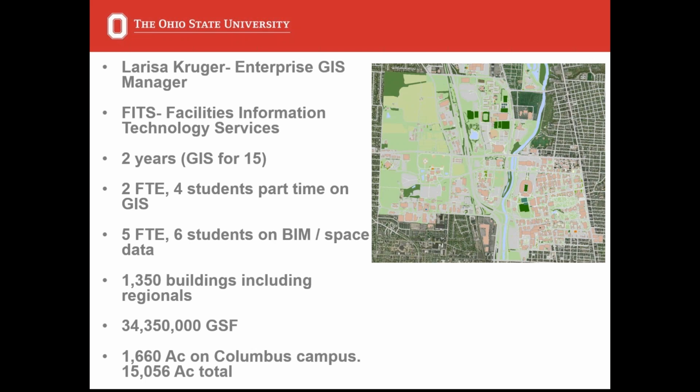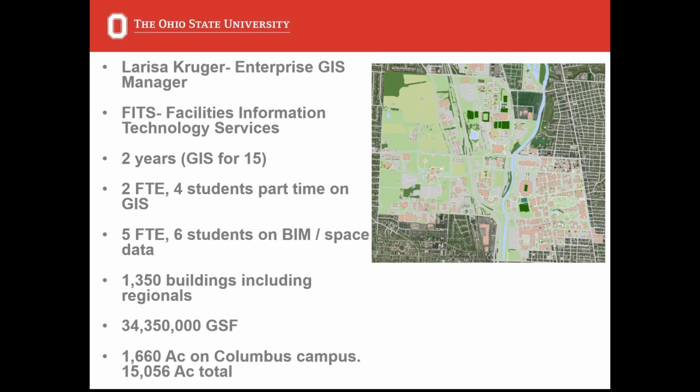So I'm part of the Facilities Information and Technology Services group. It's also under PAIR, which is our Physical Planning and Real Estate. The GIS group is composed of 2 full-time employees, myself and another GIS assistant that does predominantly mapping for most planning purposes, but also other ad hoc uses across the university.